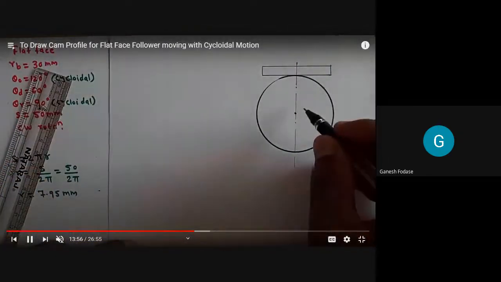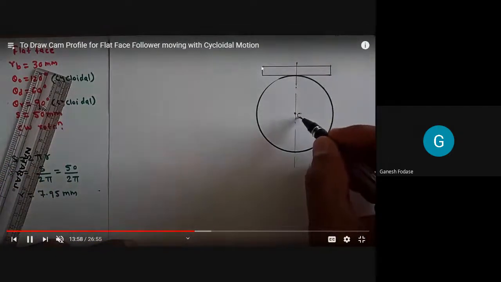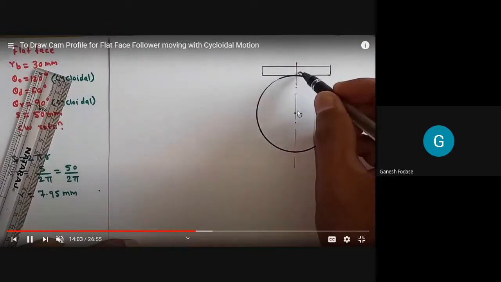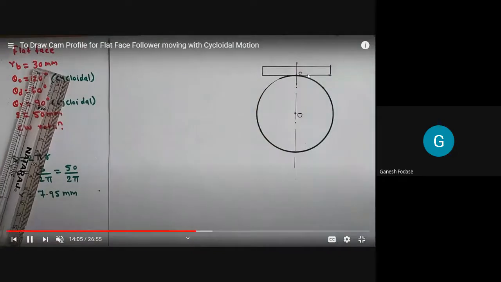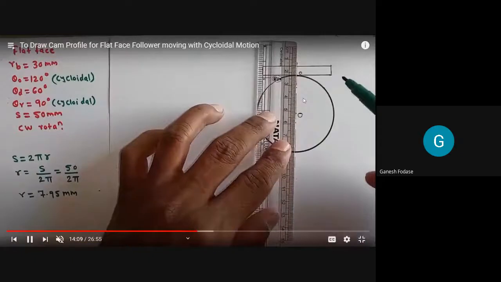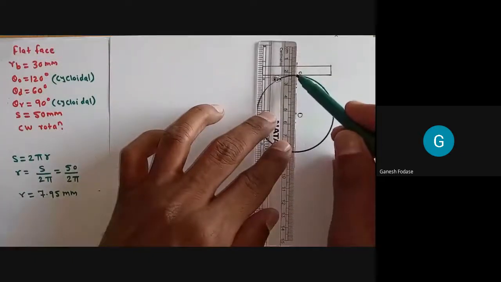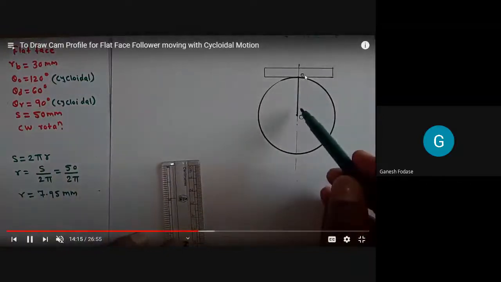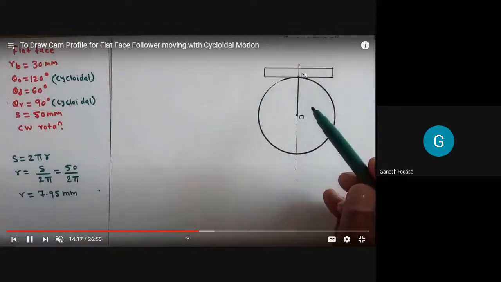So this is the end portion of the flat face follower. You can see this O is the cam center and this O dash is the contact point between the flat face follower and the cam. This will be the 0 position. You can say the follower contact is 0.